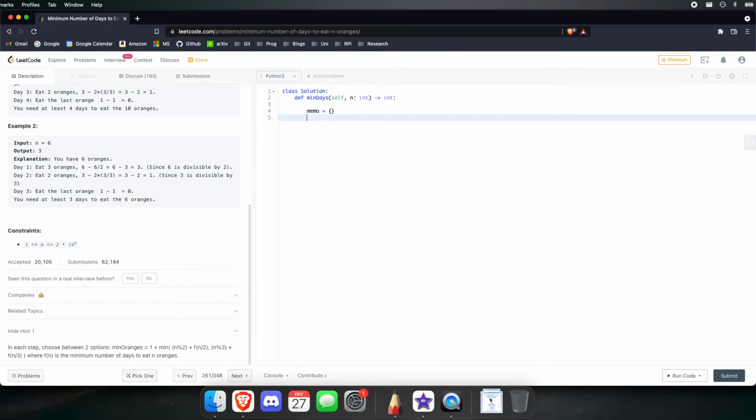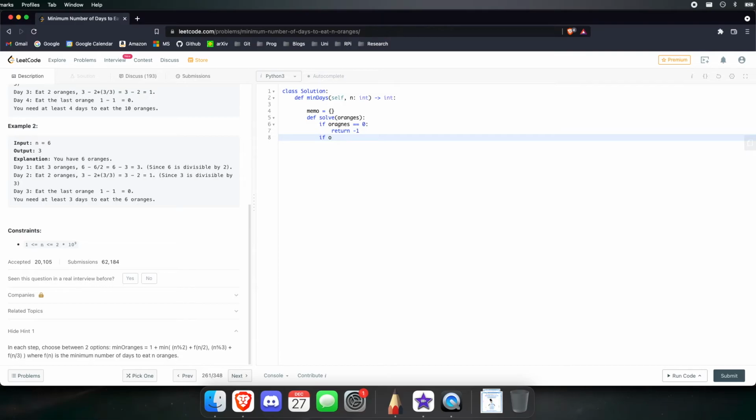So memoization, I'm going to set it to a hash table. Then I'm going to call this function solve, where it takes the remaining oranges. Now if oranges is equal to 0, let's return -1. I'll explain why we're returning -1 shortly.